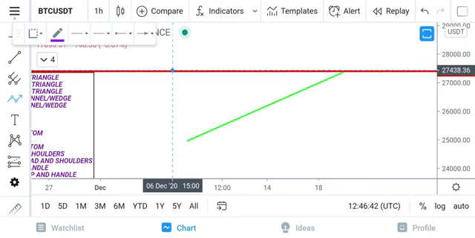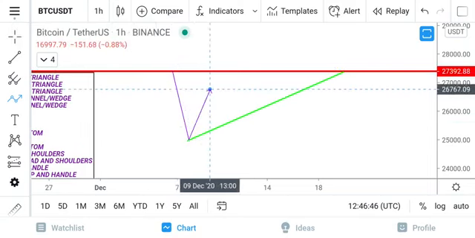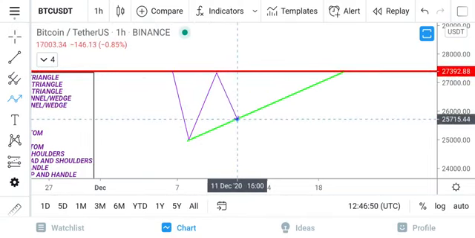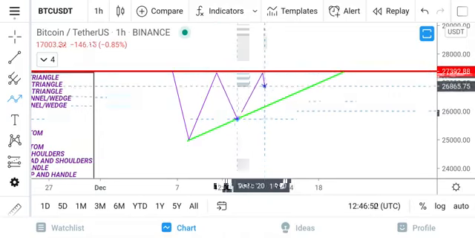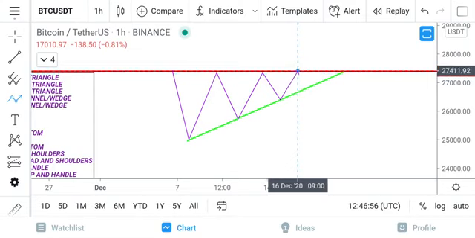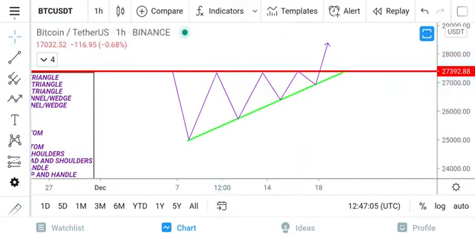Let's say the price comes down to the support, it bounces off to the resistance, back to the support. This is how an ascending triangle moves on your chart, and as it approaches the top of the resistance, the price will break out to the upside.